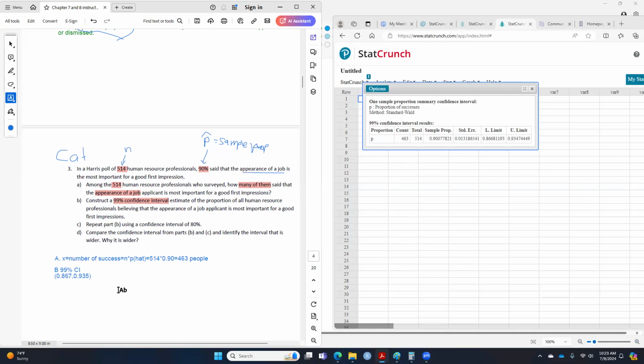Class, this is the easiest way for you to find this confidence interval. If you do your homework and use the Help Me Solve This or watch the videos in the homework, they will take you half a page to find these two numbers.